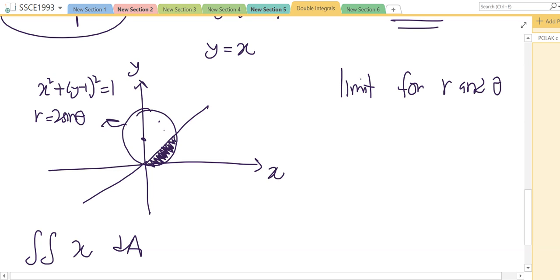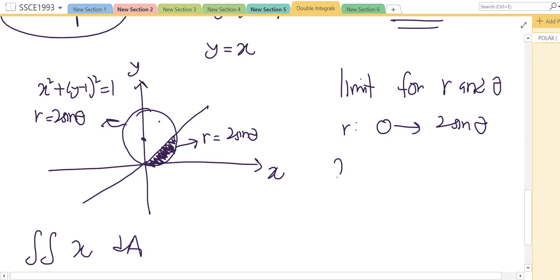So the limit for r is 0 up to 2 sine theta, because it starts from here and goes outward from here.